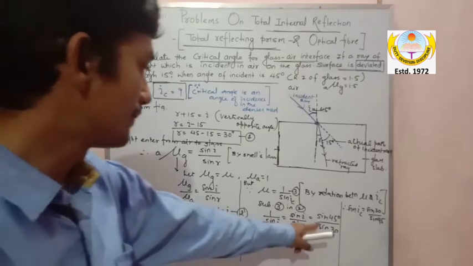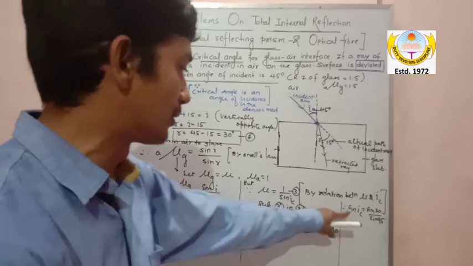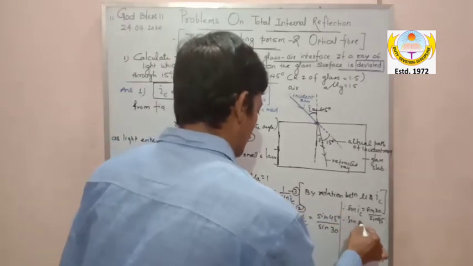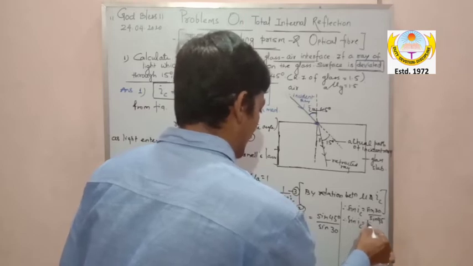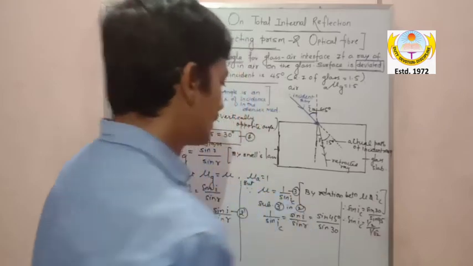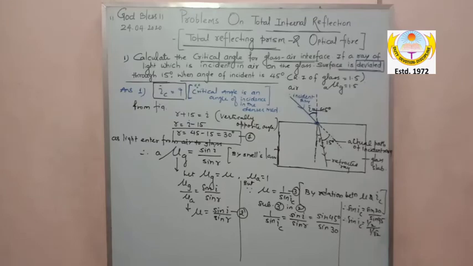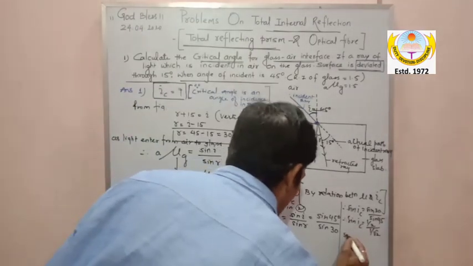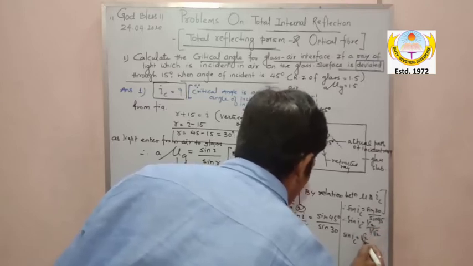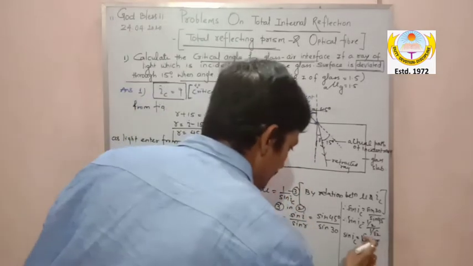You can see, because 1 by sine IC is sine 45 divided by sine 30. So sine IC will be sine 30 divided by sine 45. Therefore sine IC is equal to sine 30, which is 1 by 2, divided by 1 by root 2, because sine 30 is half and sine 45 is 1 by root 2. So now, my dear, you can see sine IC is equal to root 2 by 2, and root 2 by 2 can be written as 1 by root 2.